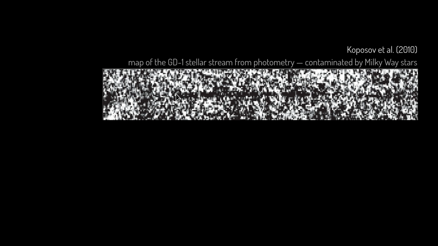While you can definitely see that there is some structure, like the line of the stream, it's hard to tell what the properties are. Maybe there's a gap over here, or maybe over here, but then there are similar variations in density just in the field. So it's hard to say if these gaps were caused by the impact of a dark matter subhalo or just random variations of other Milky Way stars.